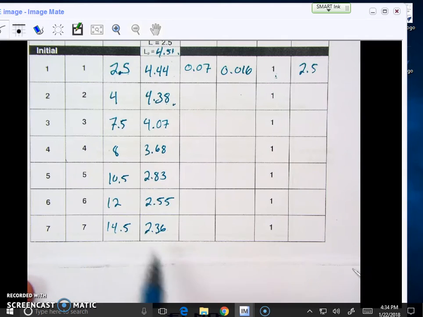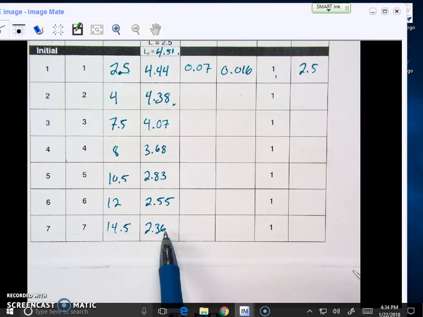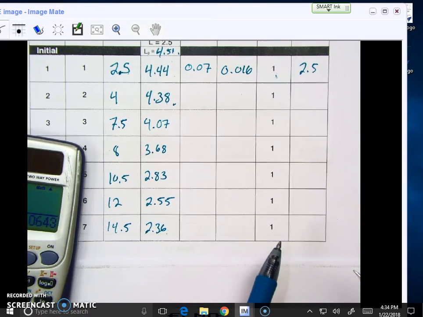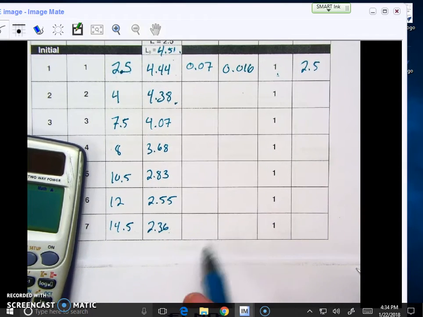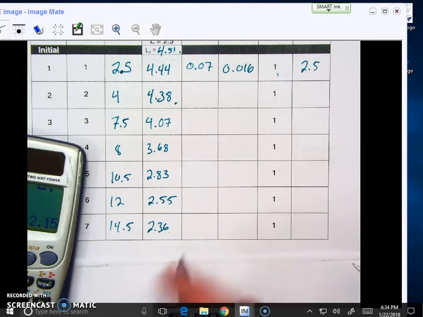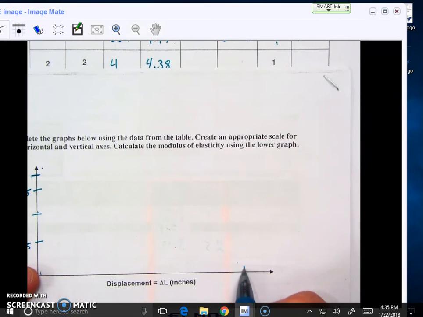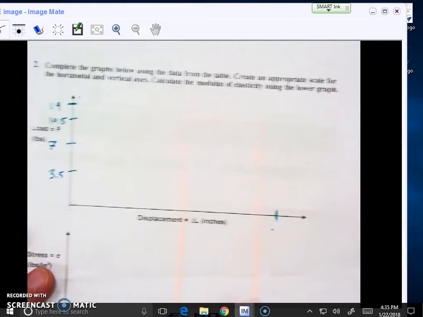And so I think my biggest displacement is going to be this very last value, which in this case will be my initial height, 4.51 minus 2.36. So that gives me 2.15.